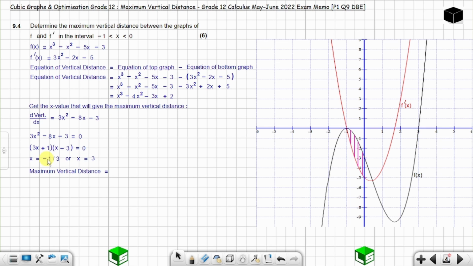X is equal to negative 1 over 3 in this interval. Negative 1 over 3 cubed, minus 4x squared, this is x squared, minus 3x, x is this, plus 2, right? Plug this into your calculator. I'm going to use my emulator.